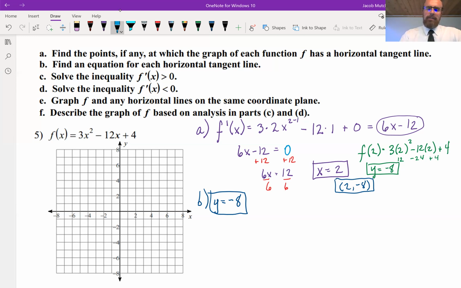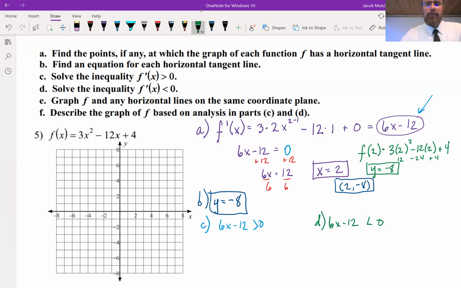Part C is asking us to write and solve an inequality to see where the derivative has a value greater than 0. So I'm going to pick up the derivative that we calculated, 6x minus 12, and set it up to be greater than 0. I'm also going to set up a second one for part D, where that derivative is less than 0.